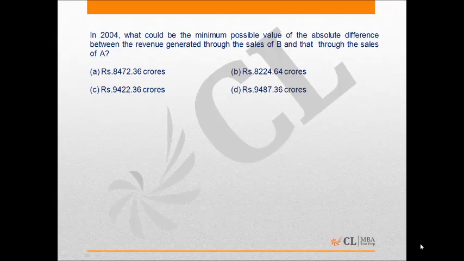Put together they will contribute 36% of the total revenue. So basically, to find out the revenue of A, we have to calculate total revenue 40876 minus revenue of B minus 36% of 40876.